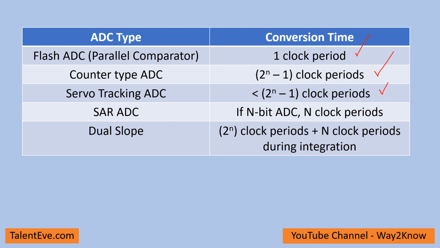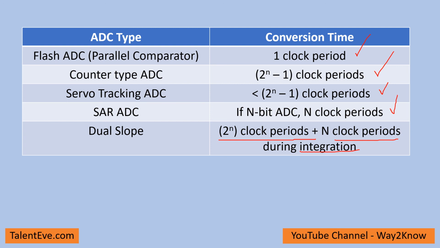But the SAR ADC straight away takes a number of clocks equal to the bit size of the ADC. And then dual slope, as we said, initially requires 2 power n clock periods to build up, and then n clock periods for the integration, so it is much higher.